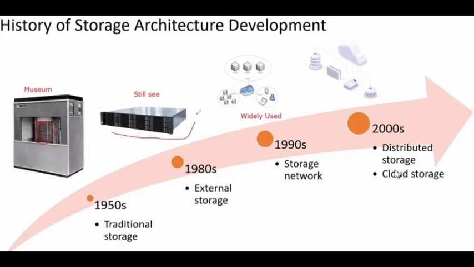However, this external storage architecture is still seen. You will see Huawei storages look very similar. This is a Huawei storage. These are external storage devices, or what we call disk arrays.